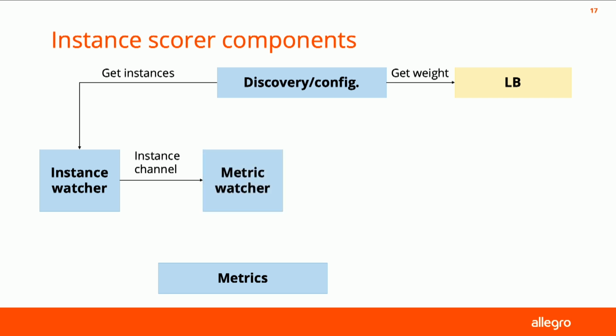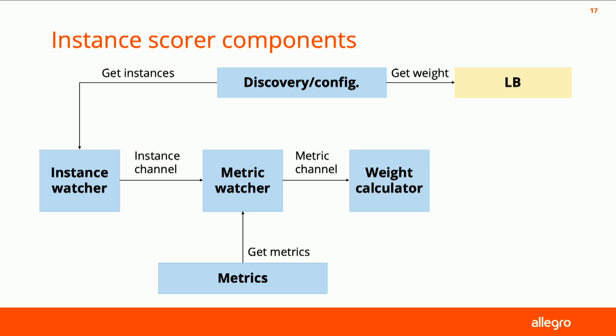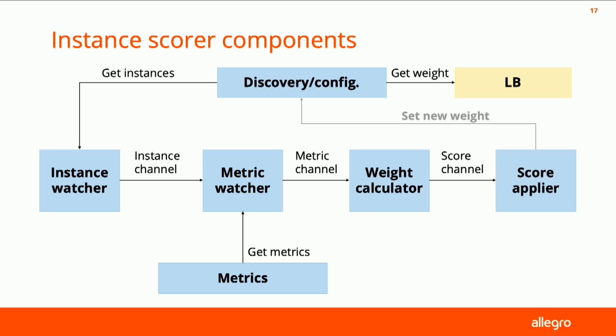The channel can then be read by another separate component called the metric watcher, which, for the received instances, gets the metrics from the metering service, formats them, and puts them to a channel. The channel with metrics is listened to by the weight calculator, which calculates the weights and puts them to the score channel. Then we have the last decision element, which also runs asynchronously. It decides whether or not this change has to be sent to the discovery service.